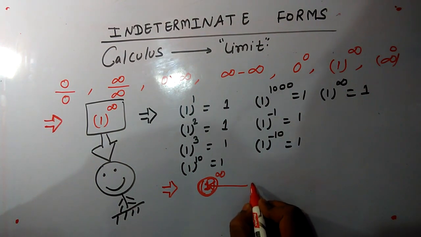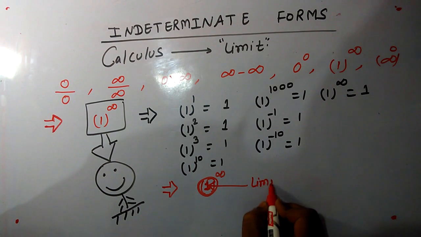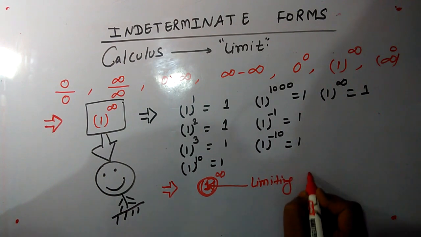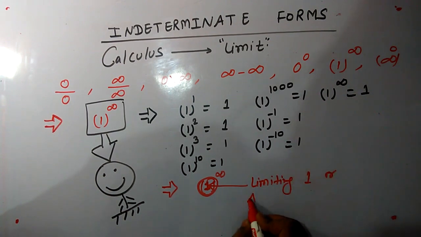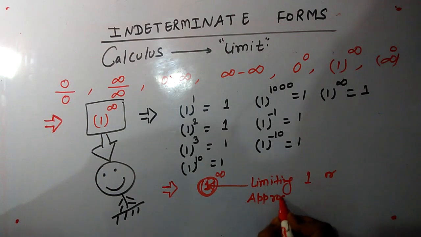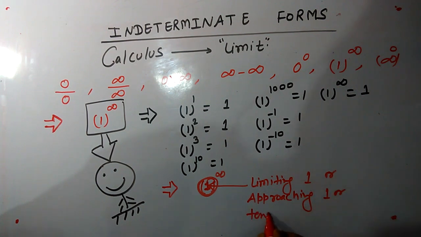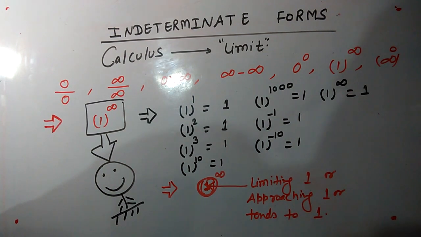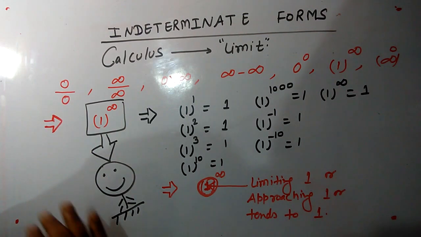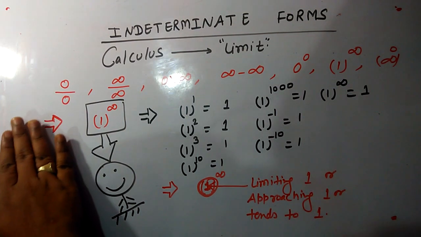This is your limiting 1, or approaching 1, or tends to 1. Okay, so in detail we will see the 1 raised to power infinity form.